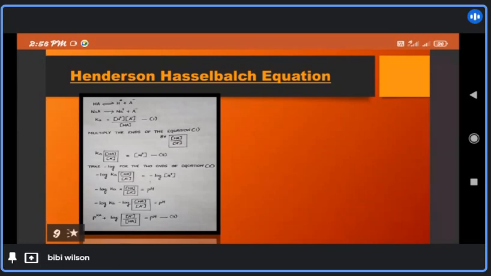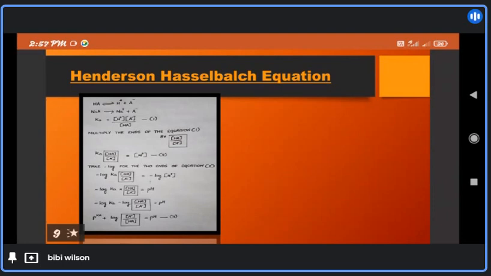Now we all know that minus log concentration of H+ is equal to pH. Then the equation becomes minus log of Ka times the concentration of HA divided by the concentration of A- equals pH. That is, minus log Ka minus log concentration of HA by concentration of A- equals pH.